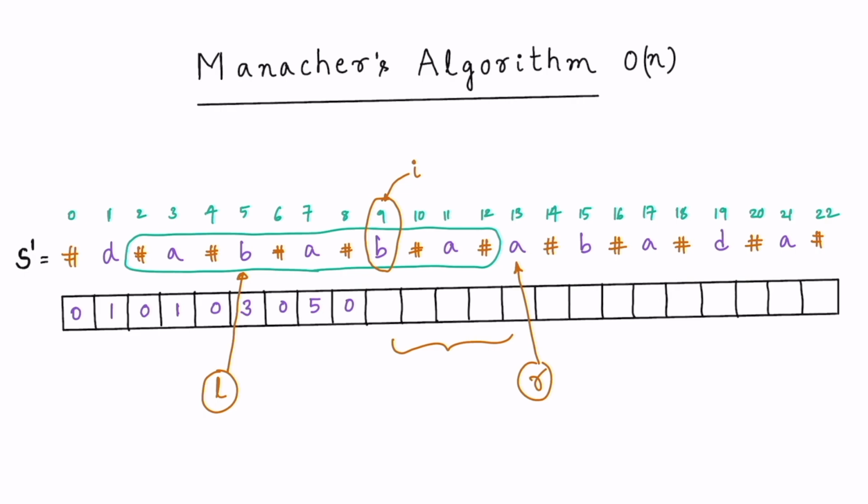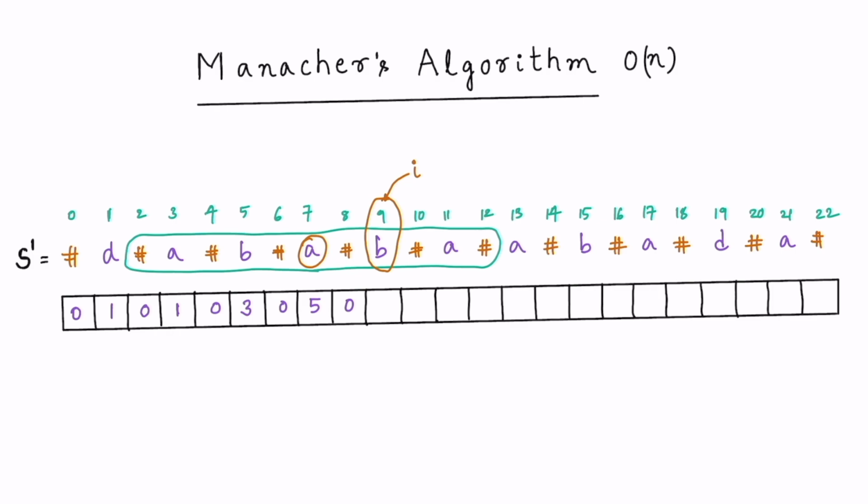But how can we directly start these left and right pointers all the way over here instead of starting from the same character? For that, we need to look at the table so far. And from the table, we can tell that this character over here has a palindrome that has 5 characters to the right and 5 characters to the left.